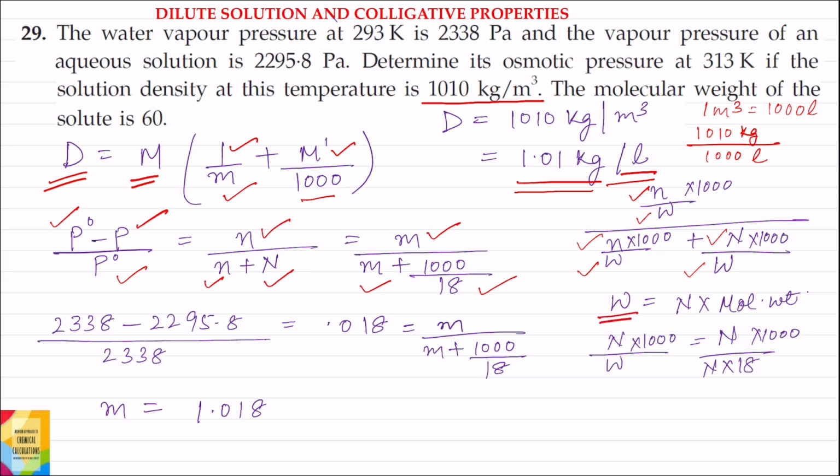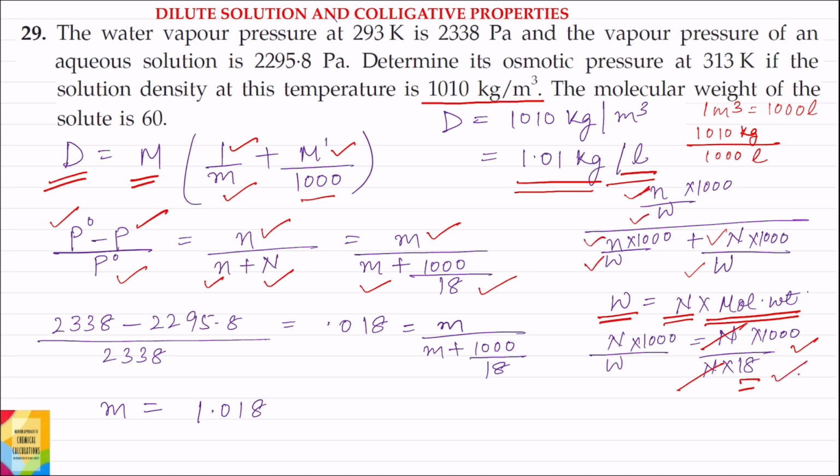So it becomes n into 1000 divided by W. Now weight of solvent is equal to moles of solvent into molecular weight of solvent. What is the solvent? The solvent here is water. So molecular weight of solvent will be 18. So putting the value of W, we get n into 1000 divided by W is equal to n into 1000 divided by n into 18. Moles of solvent in numerator and moles of solvent in denominator will get cancelled and we get 1000 divided by 18.